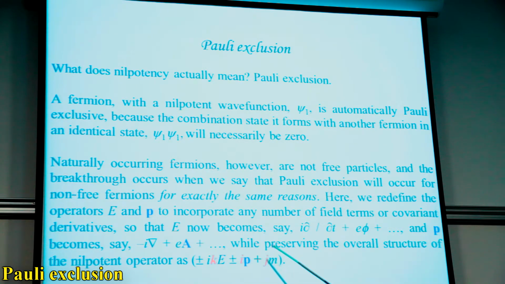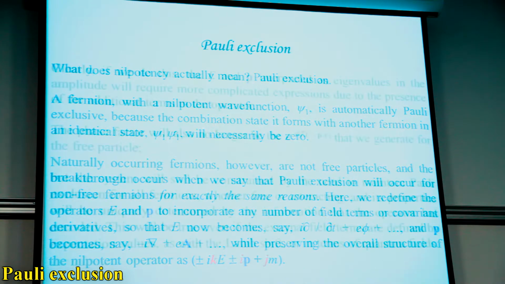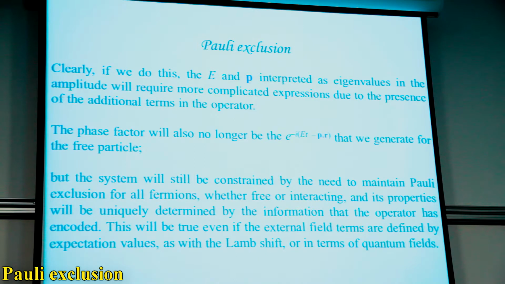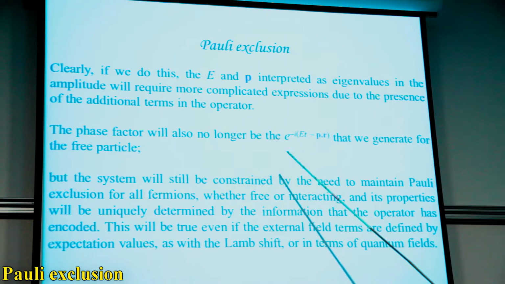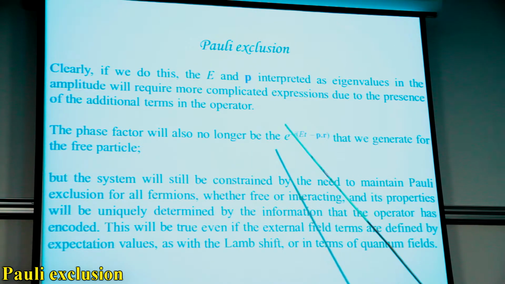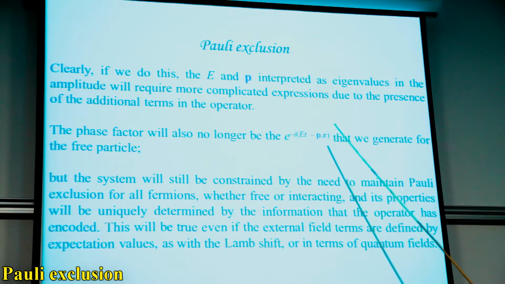But we can still write down a nilpotent operator as that, because we've got our three bins, i, j, and k. Obviously, if we had such an operator, including those things, then the E and P that we got as eigenvalues when we solve the equation would be a lot more complicated than just E and P. They would include a lot more terms. But they would still be separated by the three quaternion operators. And the phase factor would certainly not look like that. It would probably contain an exponential of some sort, but it wouldn't look like that.